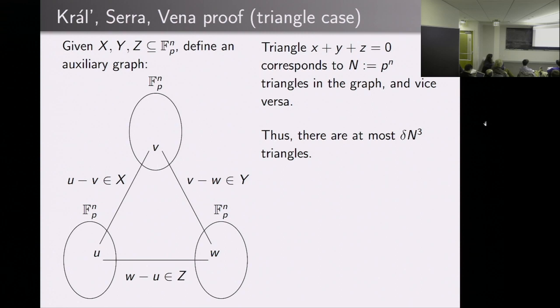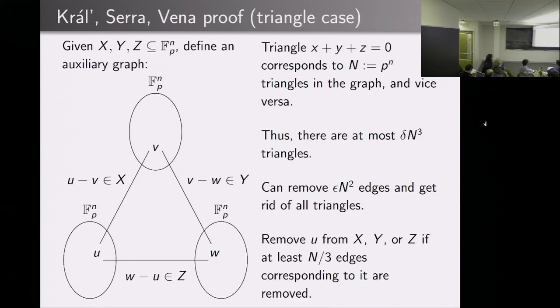And so there are at most delta N^3 triangles. We had delta N^2 originally, and each one gets big N. So then we can remove a small number of edges from this graph to get rid of all triangles. And then we remove a point from X if at least N over 3 of the edges corresponding to it are removed in the graph, and same for Y and same for Z. Then, if you think about it for a moment, you can convince yourself that you must end up getting rid of all triangles.